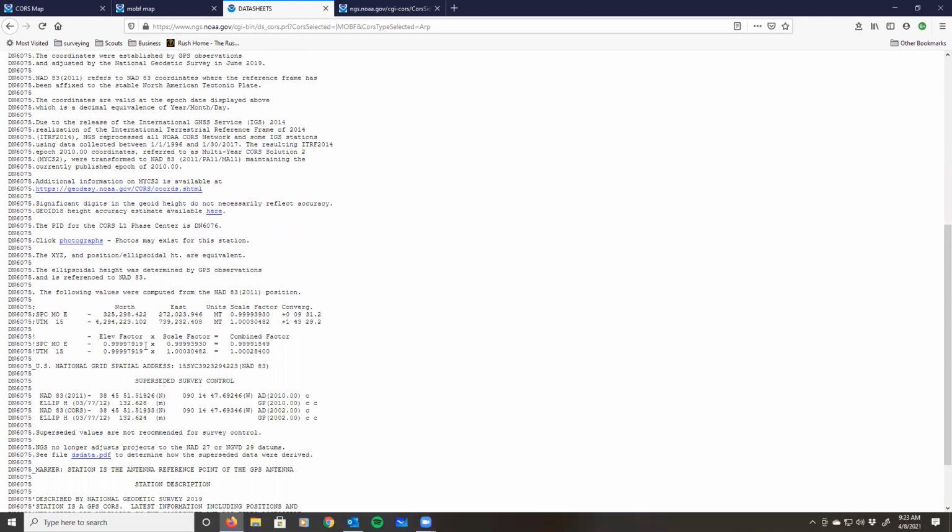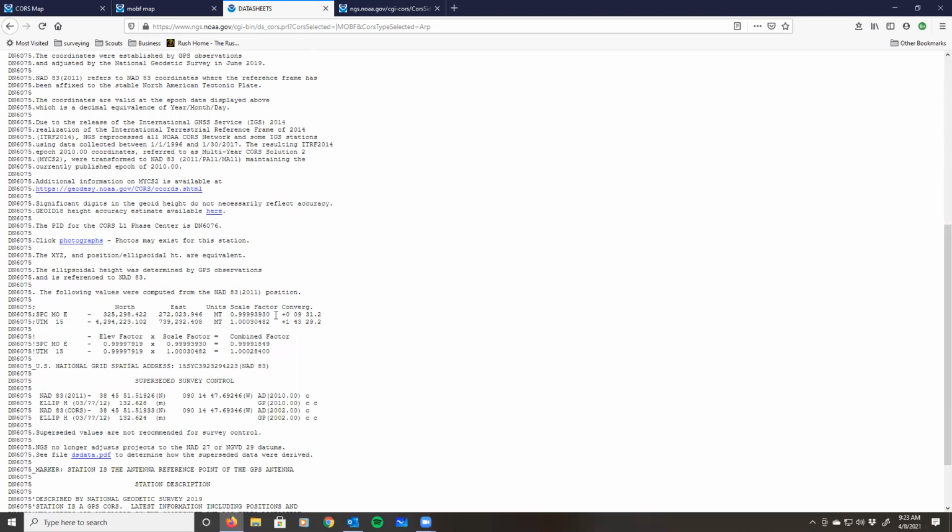Farther down you have state plane coordinates. So it's state plane coordinates, Missouri East. This was the NAD 83 2011 position. Those are the values in meters, MT being units.